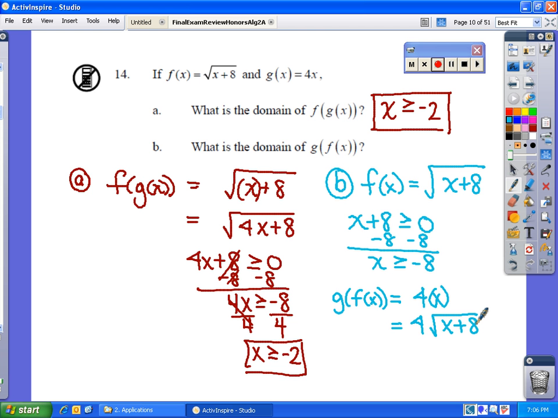Our domain for g of f of x is exactly the same as it was for the input function f of x. X still needs to be greater than or equal to -8. This will therefore be the domain for the function.